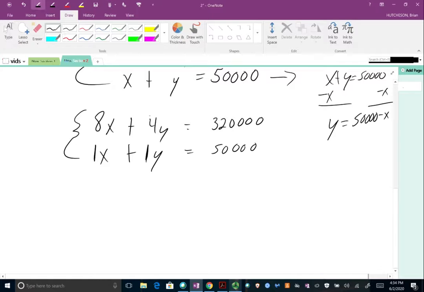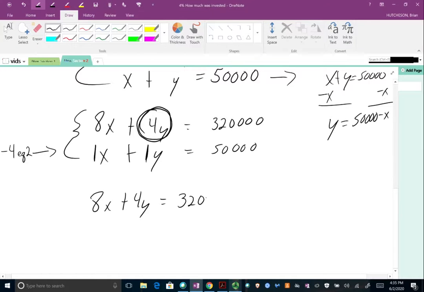Well, if I want to make this guy go away, I need to add a negative 4y to it. Which means my equation 2, I need to do negative 4 times this equation 2. So the 8x plus 4y, I'm doing the addition or the elimination method, is this guy, but I'm changing equation 2.